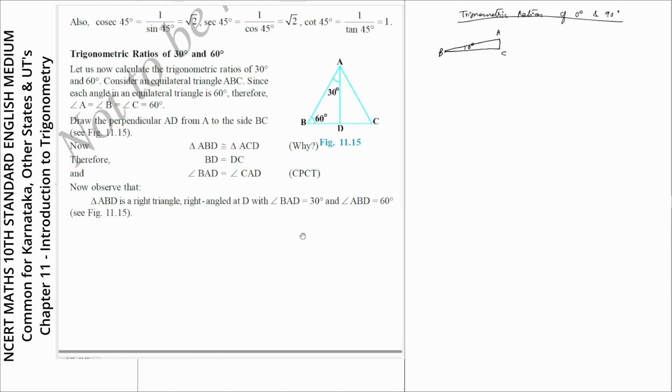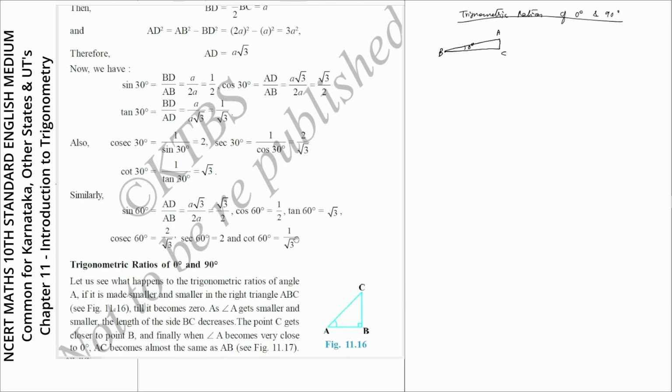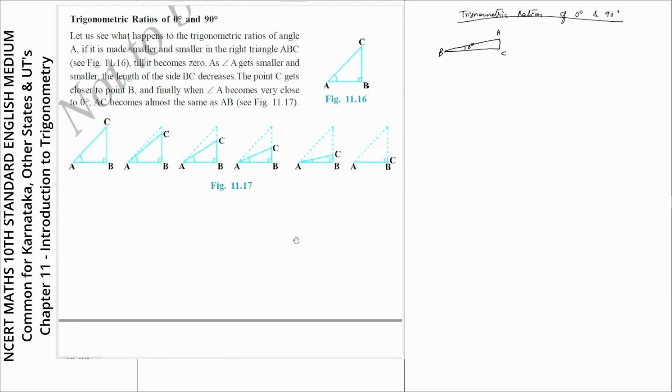Now we will see what are the trigonometric ratios of 0 degree and 90 degree. Now consider triangle ABC, in which angle B is very small. Very small means so small that it is almost equal to 0 degree. Consider such a triangle, and angle C is 90 degree. Now if BC is 1 unit, AB also will be equal to 1 unit.